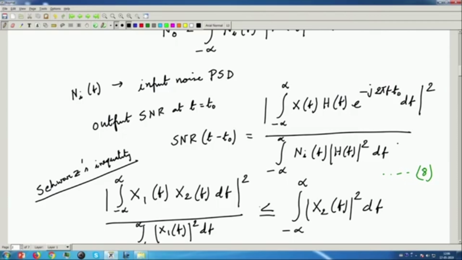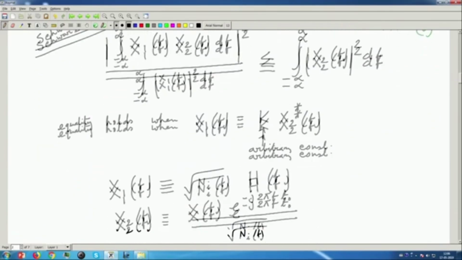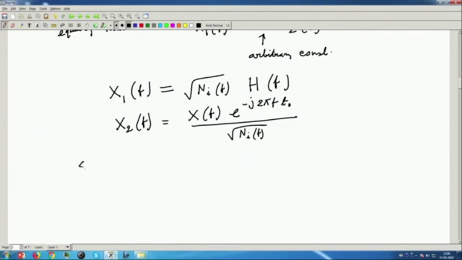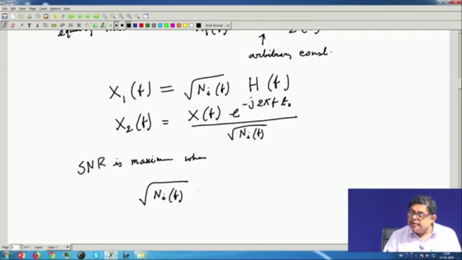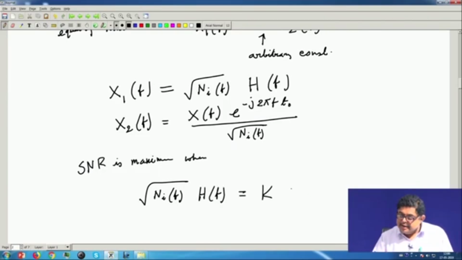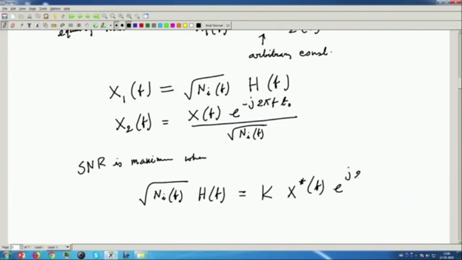Now we know the maximum value of this SNR. SNR is maximum when root of N_i(f) times H(f) is equal to some constant k times X*(f) e to the power j 2πf t0 divided by root of N_i(f).